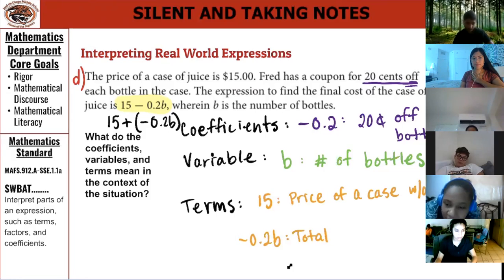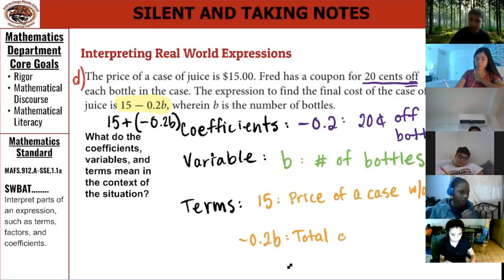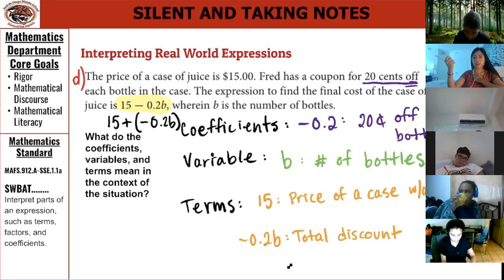The final. The total. Price. Final price, kinda. Discount. Discount, she's got it. The total discount. So this is going to tell you how much money you save. 15 is what you start off with, and then negative 0.2b will tell you how much money you can take away from that.